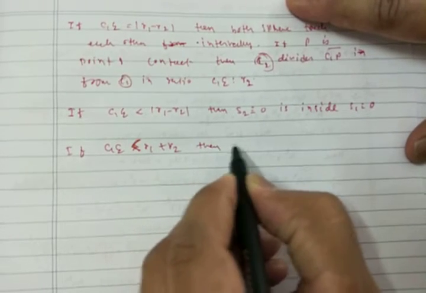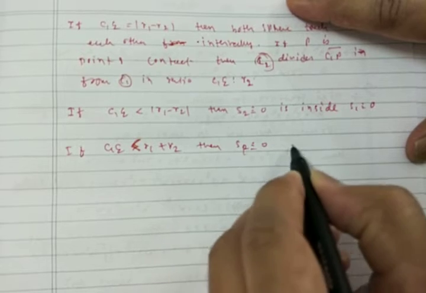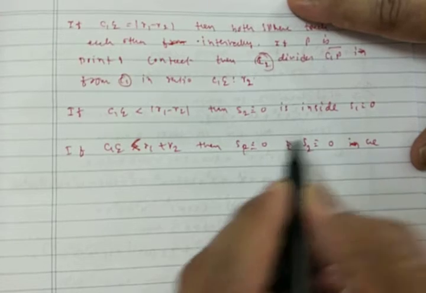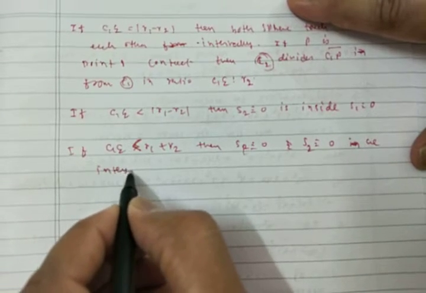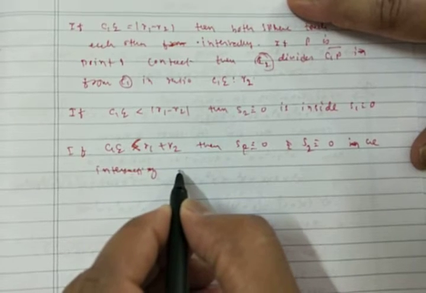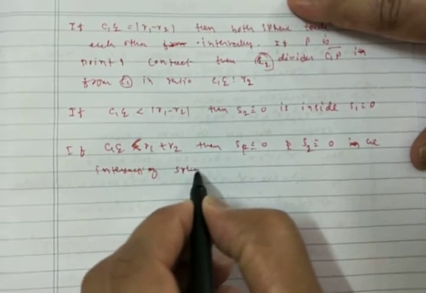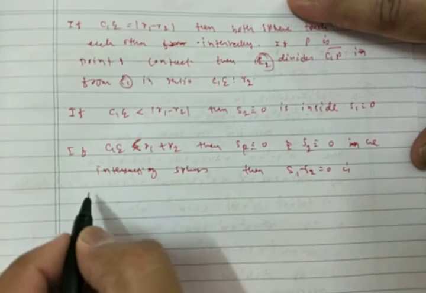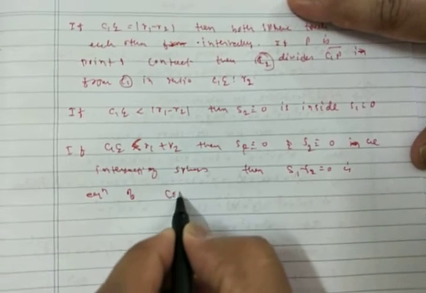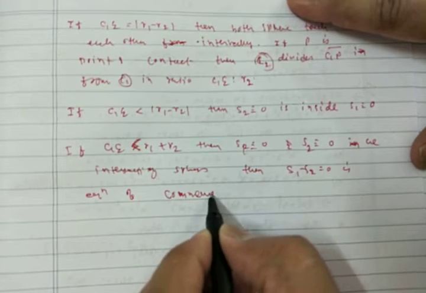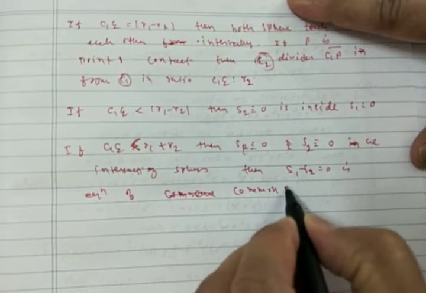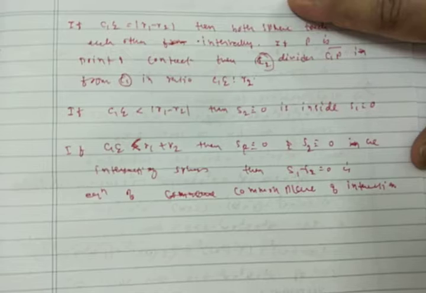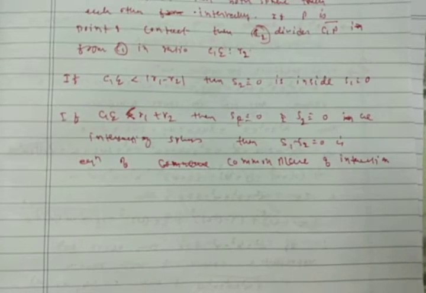Then S1 equal to 0 and S2 equal to 0 are intersecting spheres, and S1 minus S2 equal to 0 is the equation of the common plane of intersection.